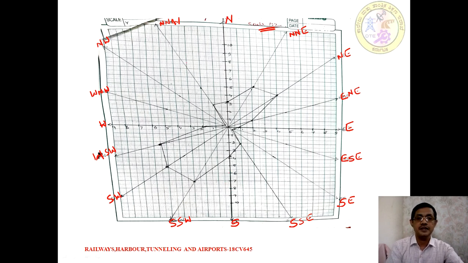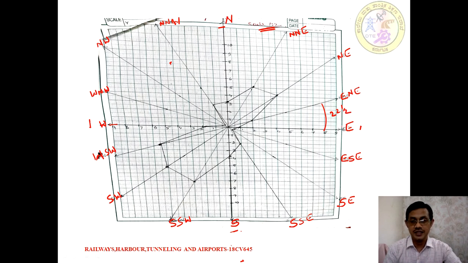As I explained, on the graph sheet just mark the north and south direction exactly at the center of our graph sheet. Similarly, at the middle section, exactly at the center, mark the east and west direction. Draw a line along this east-west line and the north-south line to make quadrants. After that, each sector has to be made 22.5 degrees, then mark accordingly.